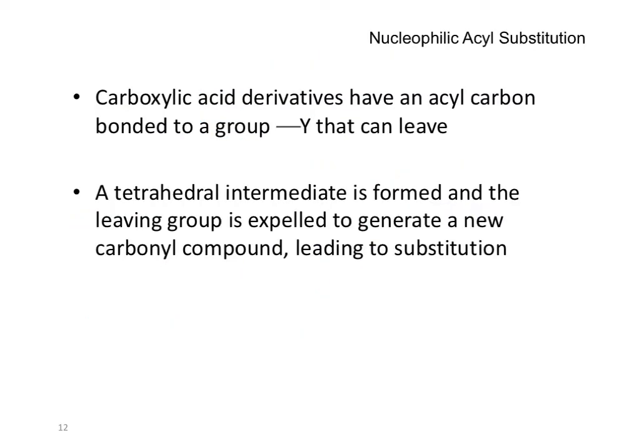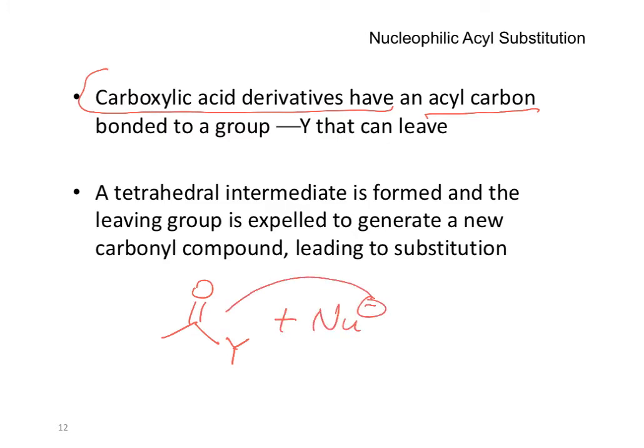All right, so like I said, carboxylic acid derivatives will have an acyl carbon, which contains that Y group that can leave, and you can have the reaction with the nucleophile such that the nucleophile adds on and Y gets substituted. I'm just giving you a moment to recall for yourself.